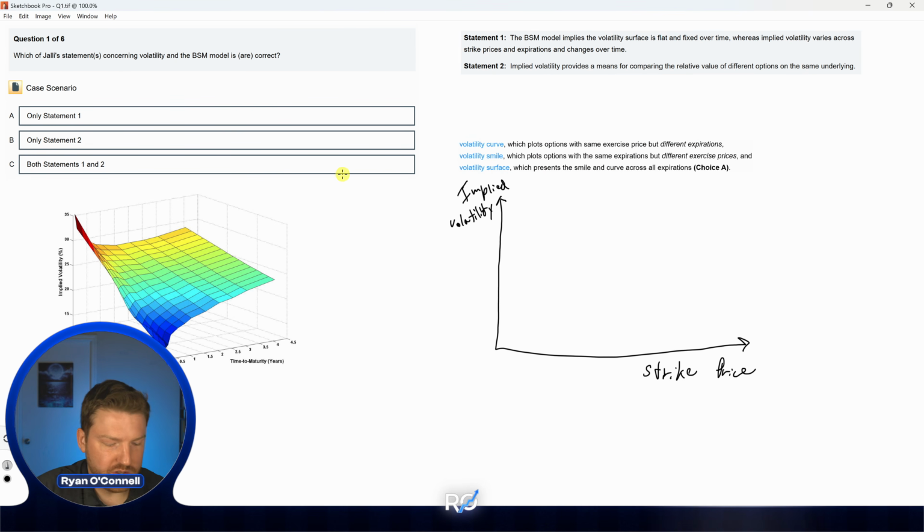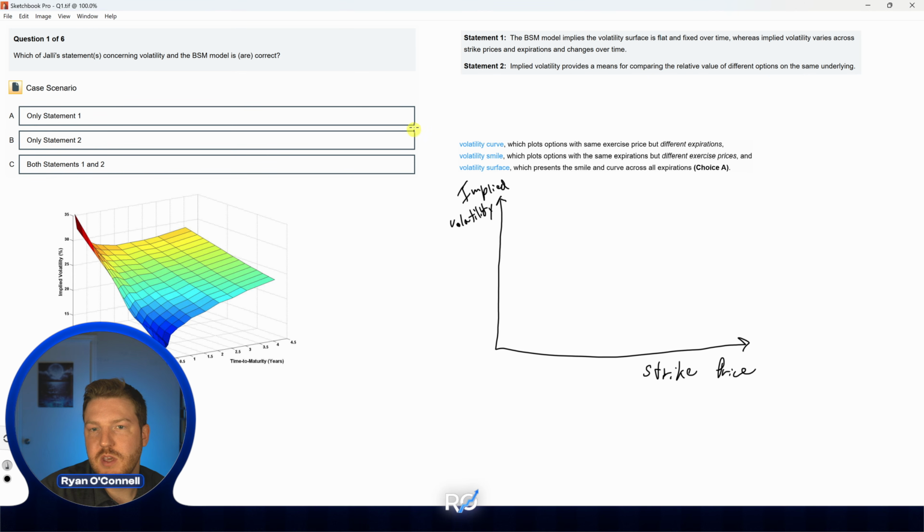In order to answer this question, really we should talk about what this volatility surface is in general. This one is probably one of the most complicated ones that we're going to cover today. There are some things we need to understand about what a volatility surface for options is.